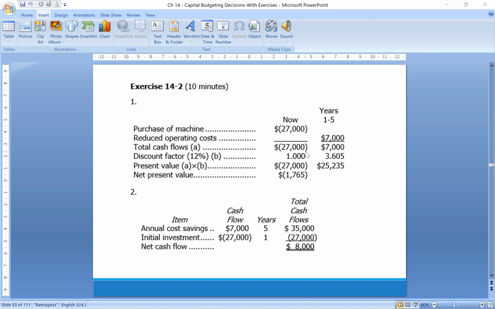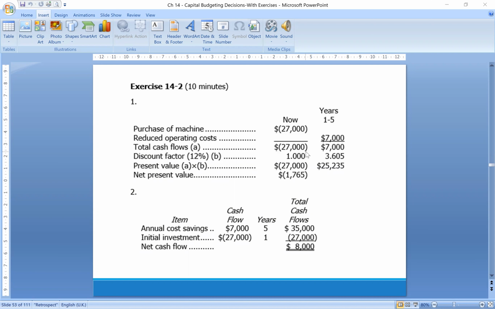So this will be 27,000, is it? Right? And the 7,000 from year 1 to 5. So we need a factor 3.605. This equals 25,235.